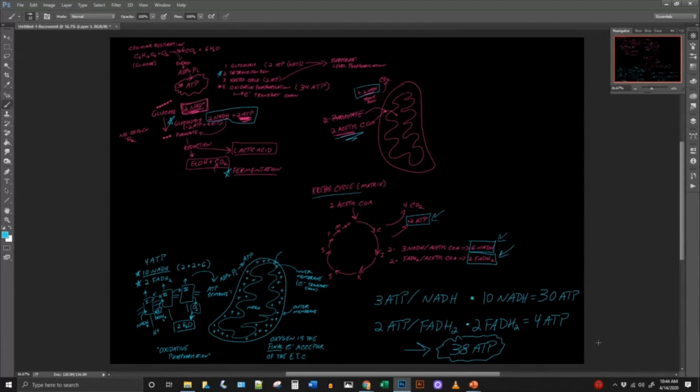So on the test, I will use 38 ATP as the total number of ATP that you get out of all of cellular respiration. But you're going to want to know where they come from. So know that you get 2 net from glycolysis, you get 2 through substrate level phosphorylation through the Krebs cycle, and you get another 34 through oxidative phosphorylation.